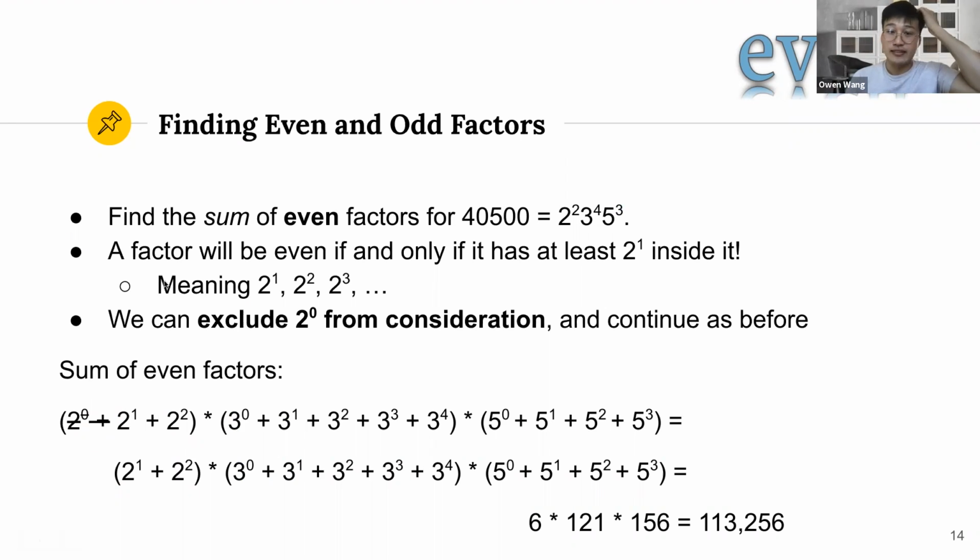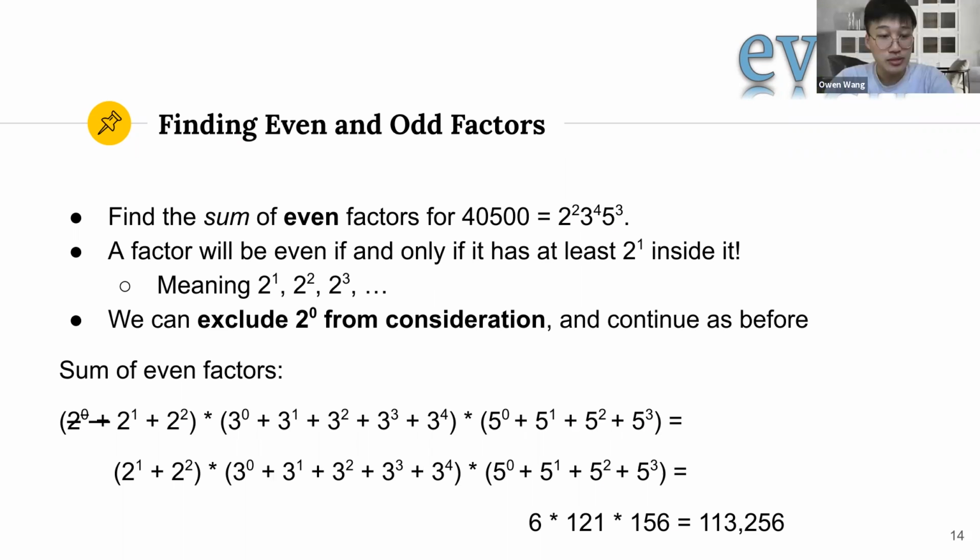So if we were to find the sum of even factors for this number, it's the same idea. We don't want to consider 2 to the 0. Usually we would add the sum of all the powers, right? 2, 3, and 5. You can see in the expression there. We just don't include 2 to the 0, because that represents the option for the pathway where the factor is not going to be even.